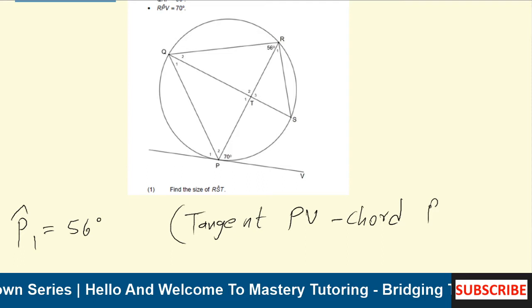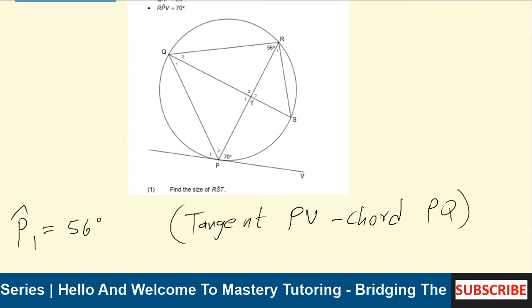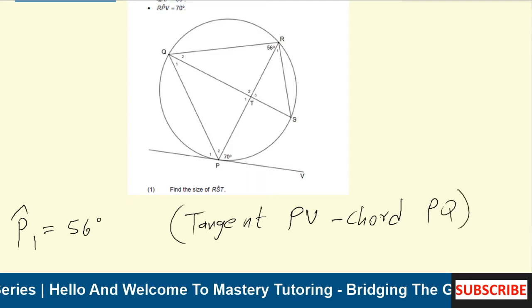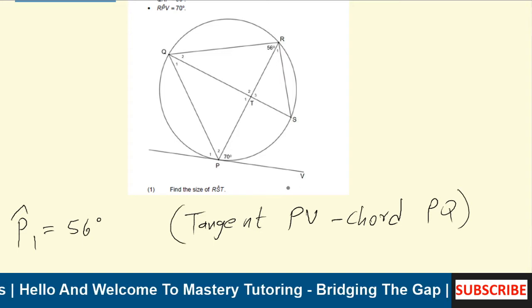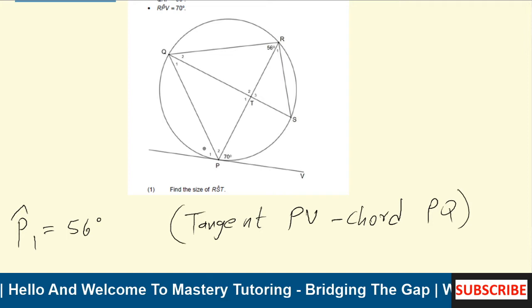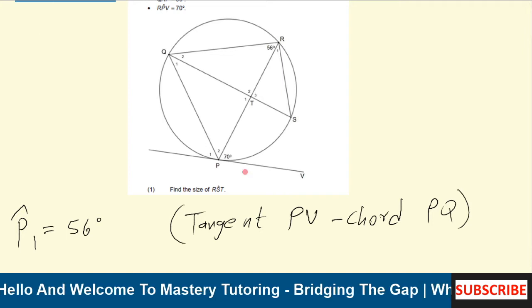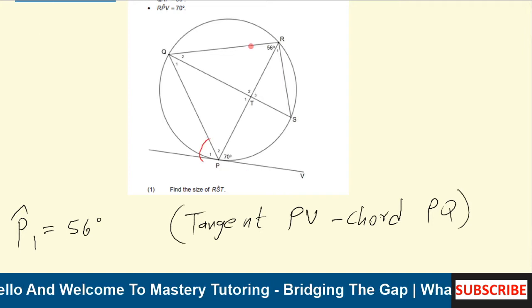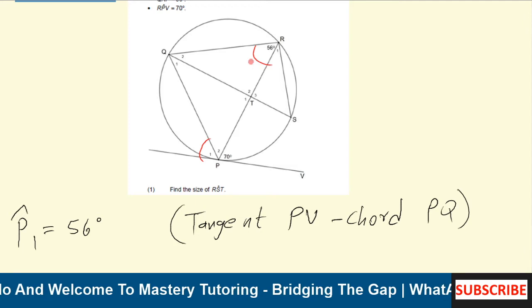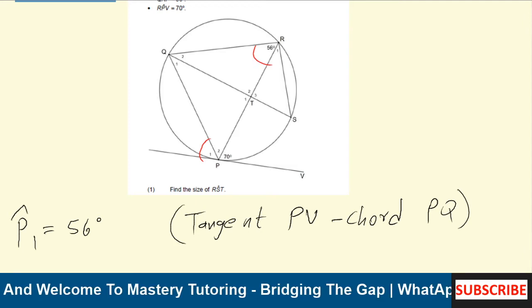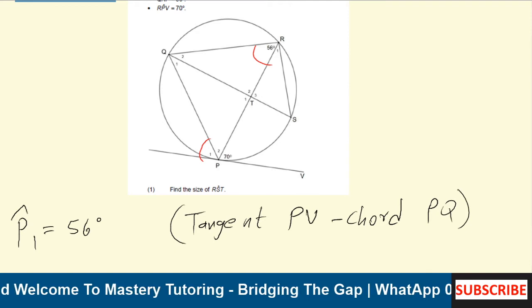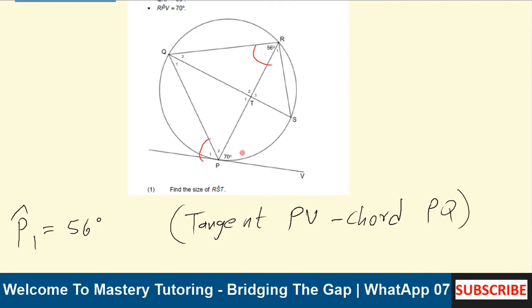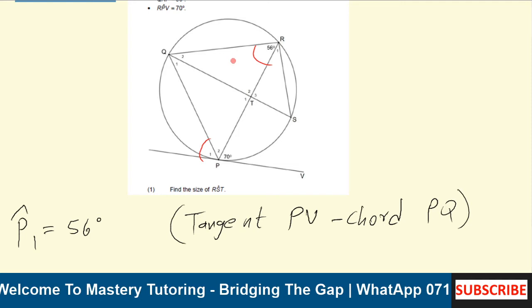Angle P1 is equal to 56 degrees because it is subtended from tangent PV and chord PQ. So this angle is equal to this angle. Visit your theorems from grade 11 and check out the theorem that talks about a tangent and a chord.